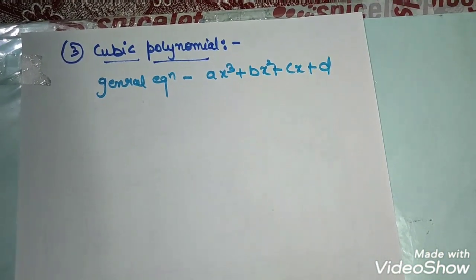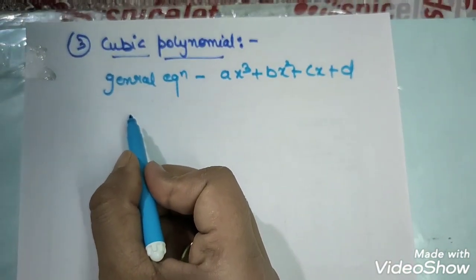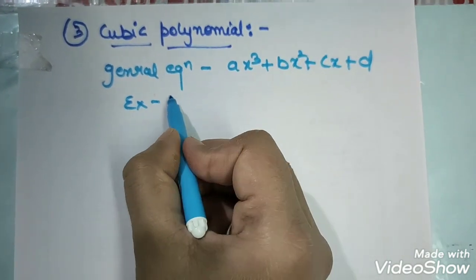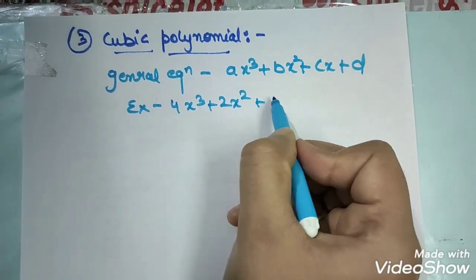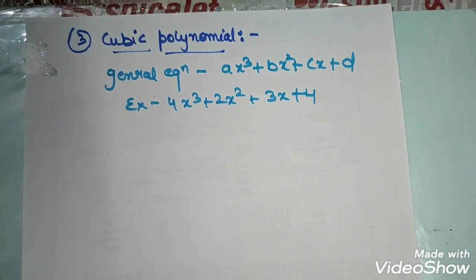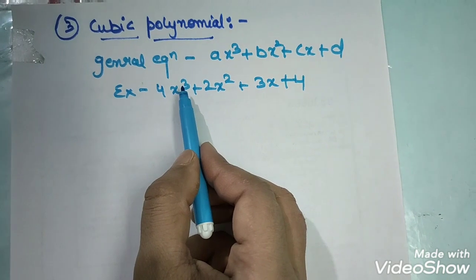Got it? For example, if I say 4x cube plus 2x square plus 3x plus 4, this is called a cubic polynomial because the highest degree of the variable is 3.